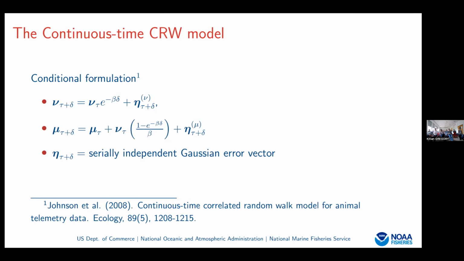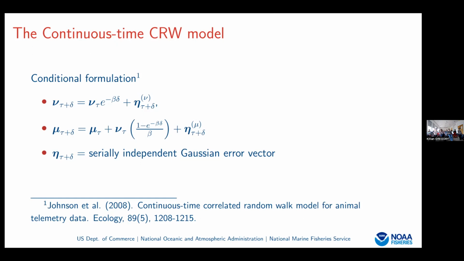So we're going to talk about it in terms of this conditional formulation. Given the state at the current time, like a Markov process, what will my state be at some time in the future? It's continuous time, so delta here doesn't need to be regular. I can pick whatever time into the future I want: 1 second, an hour, a day. We're just talking about where I will be in the future.